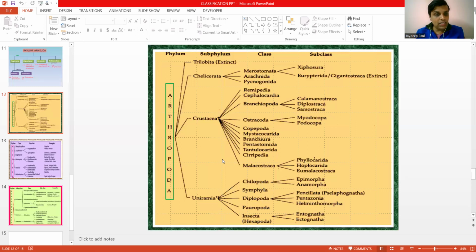Jointed appendages, as I already described, is one of the most unique and important features of this phylum. Three pairs of jointed appendages or legs can be found, that means six legs in total. Eyes are compound, which contain several thousand lenses, leading to a large field of vision. So eyes are compound in nature.